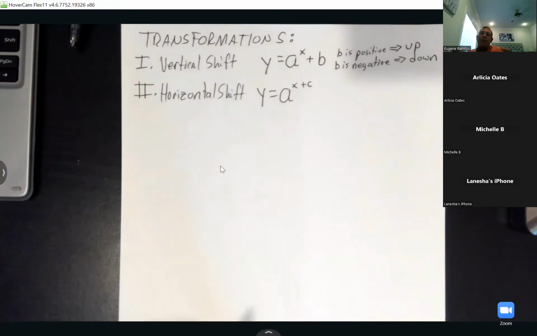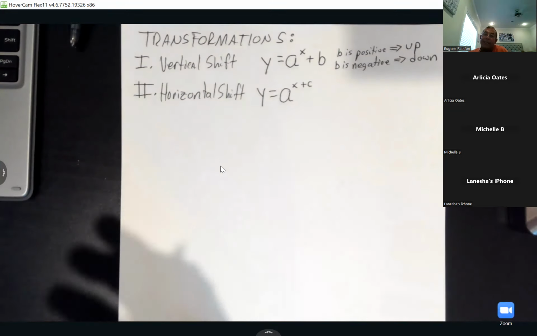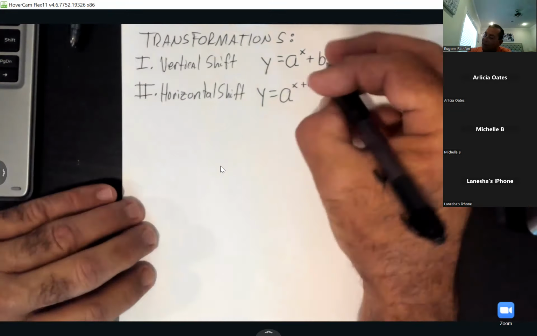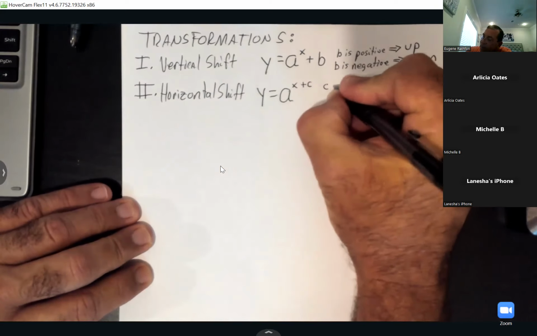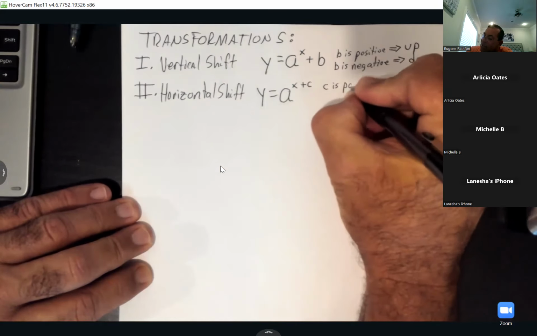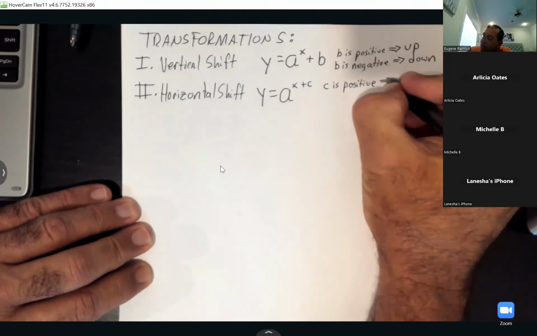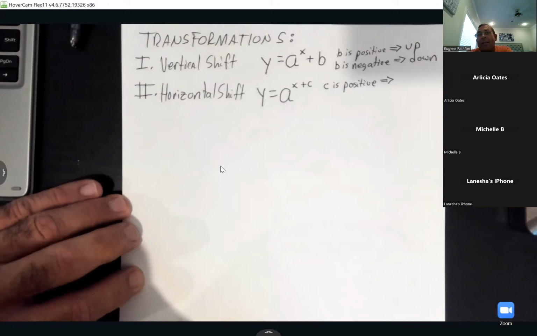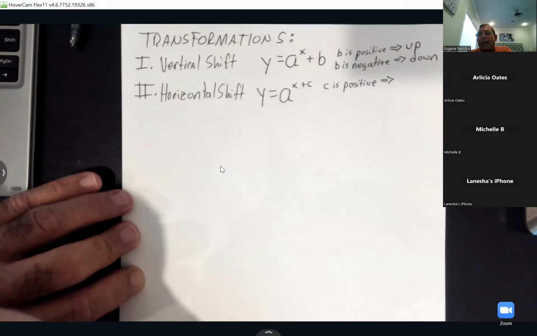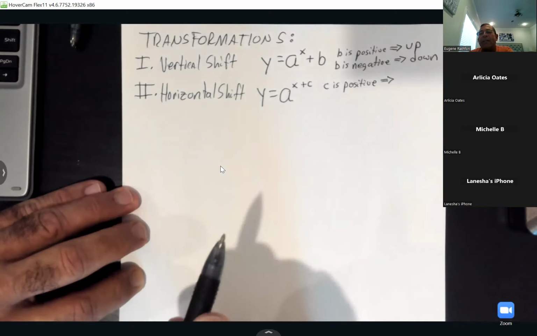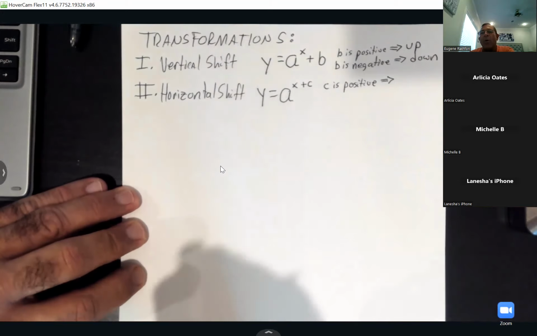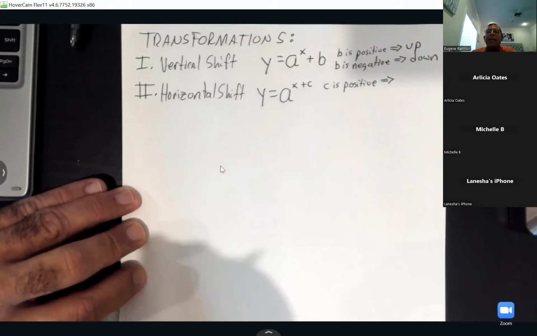Just like in 7.2, if the x was in parentheses and we attacked it. If that c is positive, and y'all, this is the same as it was in 7.2 when you attack the x, if that c is positive, it's actually going to move my graph to the left.